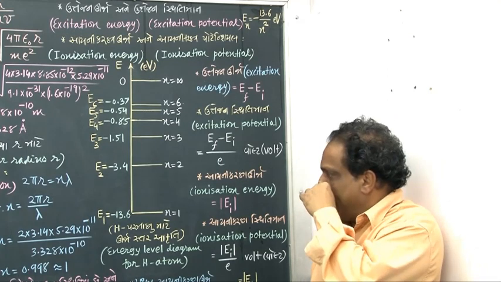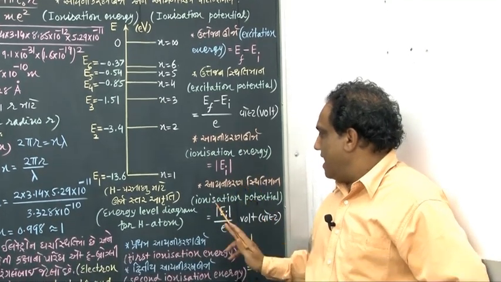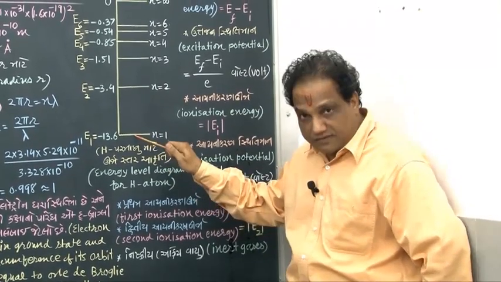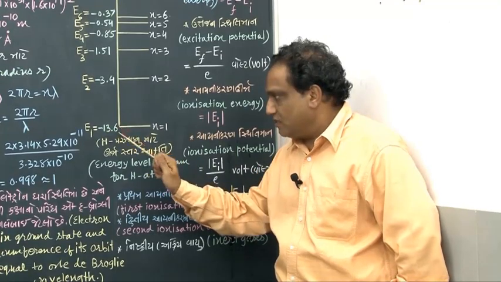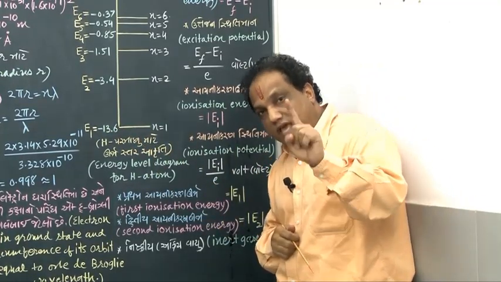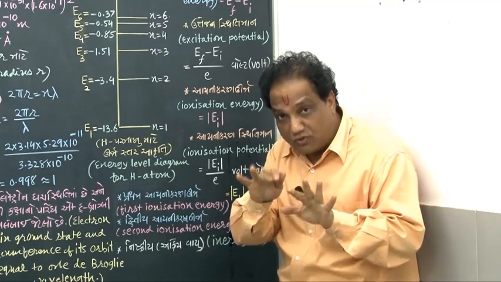Fine. Now, what about ionization energy and ionization potential? Suppose the electron is lying here, having energy how much? Minus 13.6 electron volt. And suppose I am supplying energy to that electron, say 13.6 electron volt from outside.